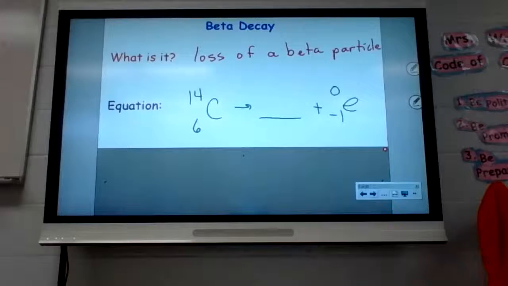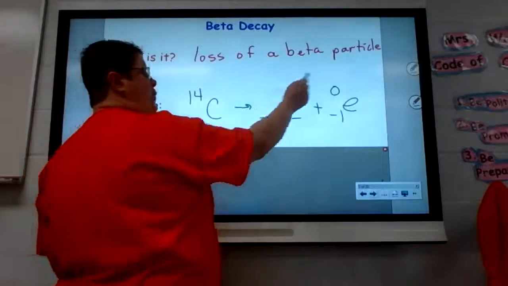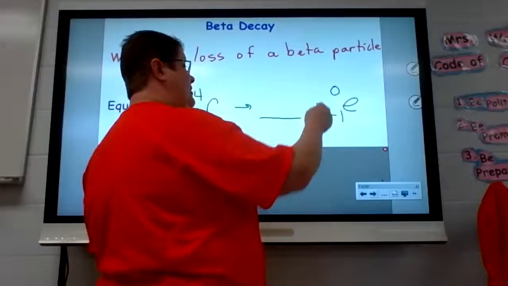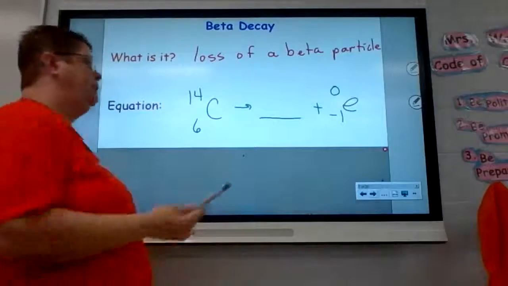I think so too. Now, if we look at the equation, sometimes this one causes issues because of the -1, but otherwise it works the same way. So on the left, what atomic mass do I have? 14. So I need 14 on this side, right? Well, that's a 0, so 0 plus what gives me 14? 14.